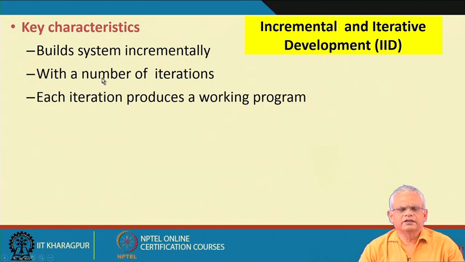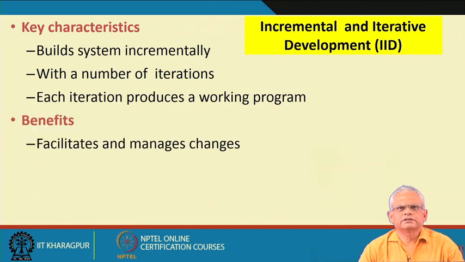There are a number of iterations for each functionality, and each time a deliverable is given to the customer in the form of a working program which the customer can use and give feedback. Each deliverable to the customer would not only have incorporated the feedback that he had given in the previous increment, but also added new functionalities.